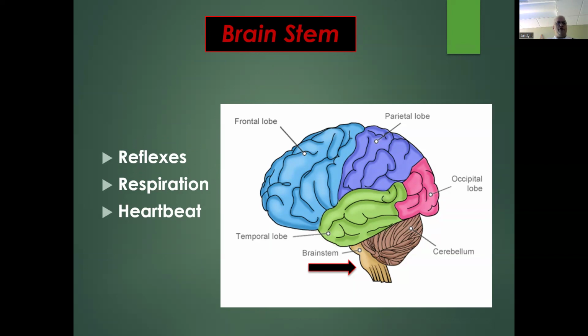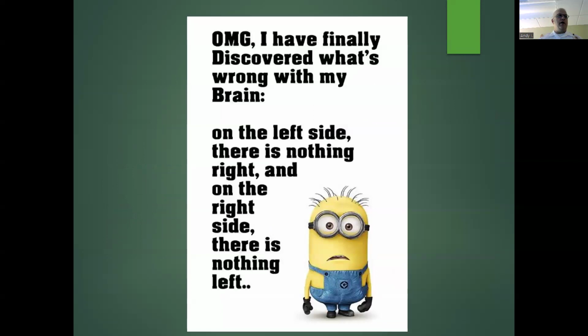So this controls all your reflexes, the respirations, the heartbeat. You get the point. If you don't have a brainstem, that's bad. You will die. But also, if you have a head injury and we start to see certain signs, we suspect brain injury to the brainstem. All right. Some mornings, I do resemble this.